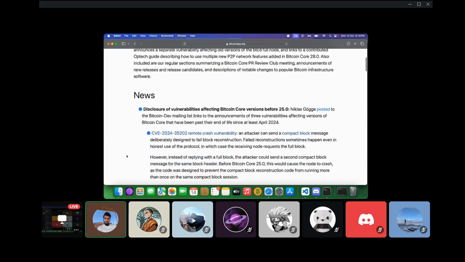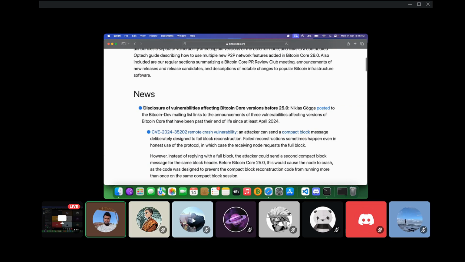All right, let's commence with the first news article, which is titled Disclosure of Vulnerabilities Affecting Bitcoin Core Versions Before 25.0. Nicholas Kauger posted to the Bitcoin Dev mailing list links to the announcements of three vulnerabilities affecting versions of Bitcoin Core that have been past their end of life since at least April 2024.